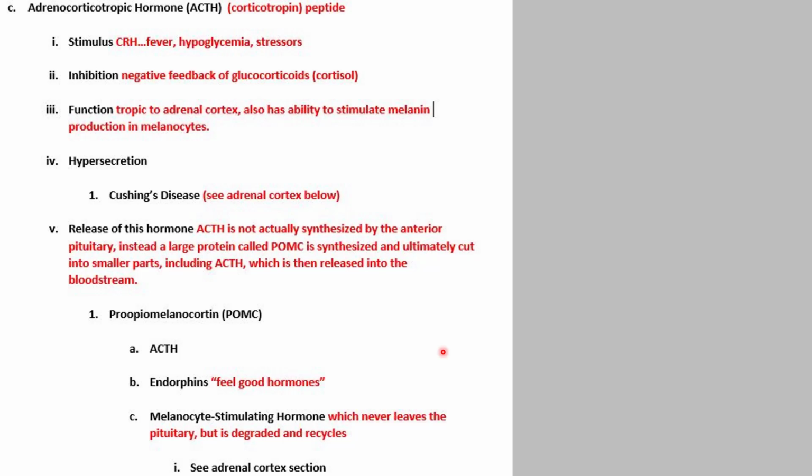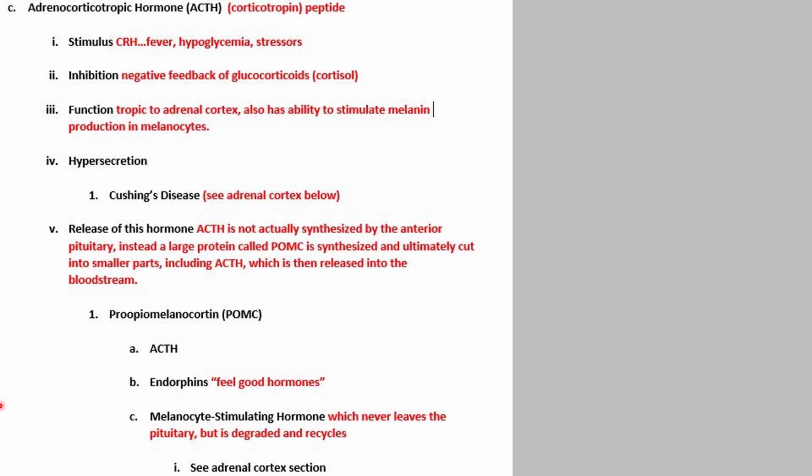So what is going to be inhibiting for ACTH? Well, negative feedback from cortisol. When cortisol levels rise, it tells the hypothalamus to stop releasing CRH, and it tells the anterior pituitary to stop releasing ACTH.